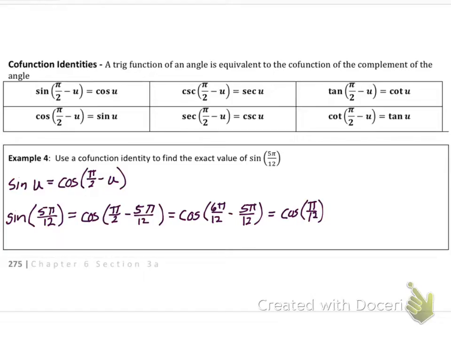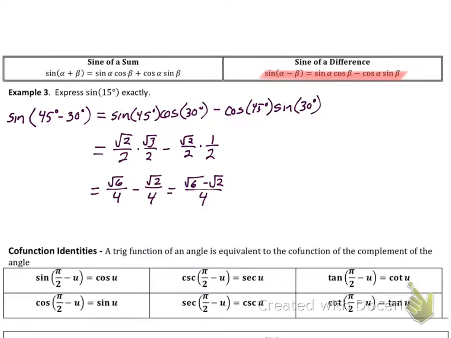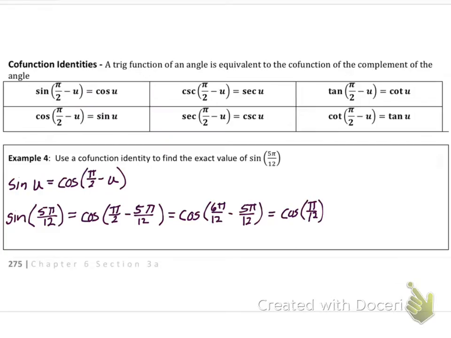So if I wanted to find out this exact answer, I'd have to go all the way back to the fact that pi over 3 minus pi over 4 equals pi over 12, and solve it. I'm not going to make you do that on this one. But in the book, they're going to come out to ones that are already on the unit circle. So I'm just going to give you the answer right now.